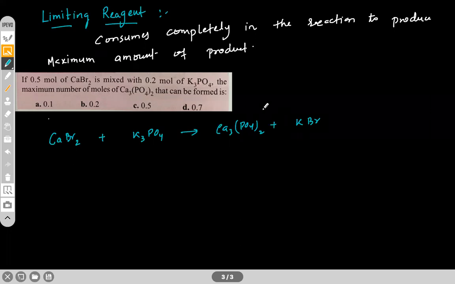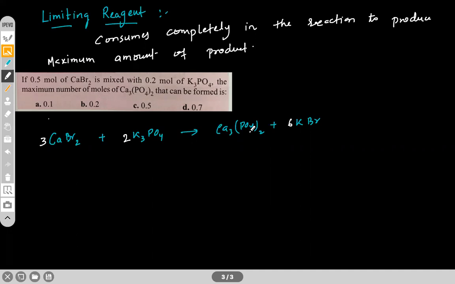Okay, if you balance this reaction, we have 3 Ca here, phosphorus 2, so we'll write 2 here, and 6 potassium, so 6 we have here. I think it's balanced. 4 into 2, yeah, it's balanced. Now what we can say is that 3 mole of CaBr2 combines with 2 mole of K3PO4 and forms 1 mole of Ca3(PO4)2.